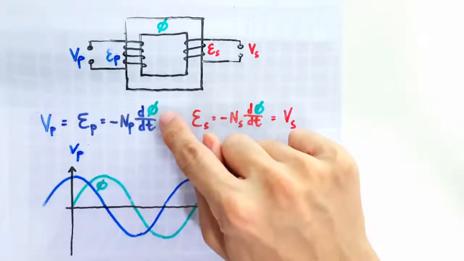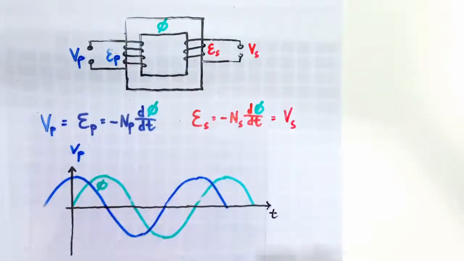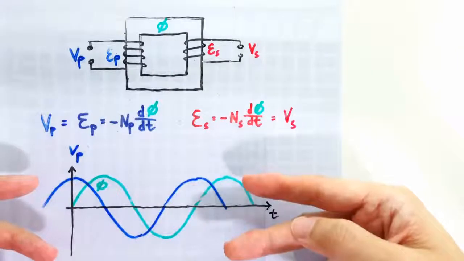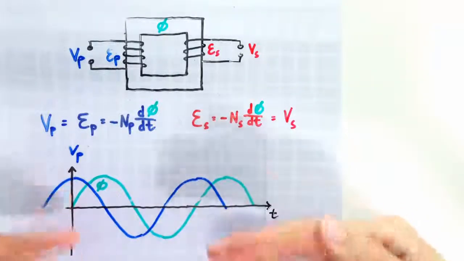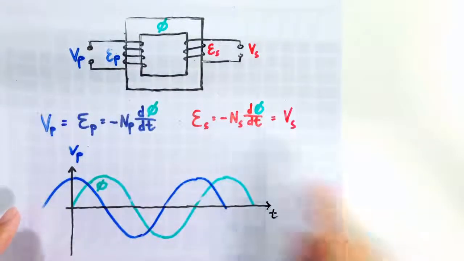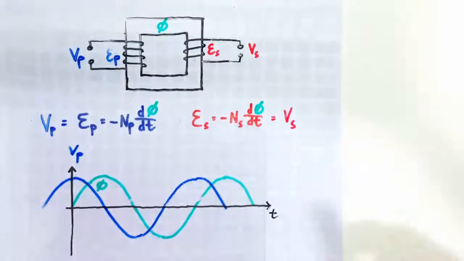If this is sine, shouldn't EP and VP be negative cosine? So I have ignored all these negative signs to keep things simple. Anyway, in practice, you can flip the graph simply by winding the coils in the other direction. For example, instead of clockwise, you wind it anti-clockwise and you flip the graph. For that reason, I'm going to ignore these negative signs.